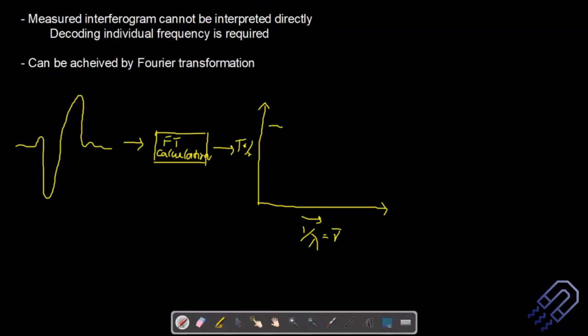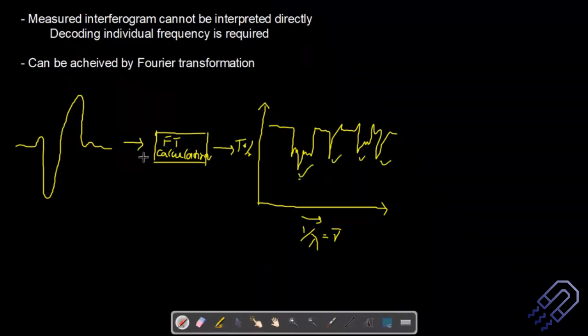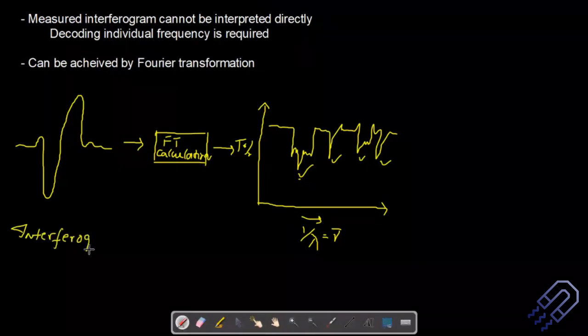If you do this, you are going to get something like this, which I've shown you in the first slide. So these are the components that you are going to get. You use a Fourier transform to convert from one scale, that means time scale, to the frequency scale. That is what Fourier transformation does. So this is called the interferogram.